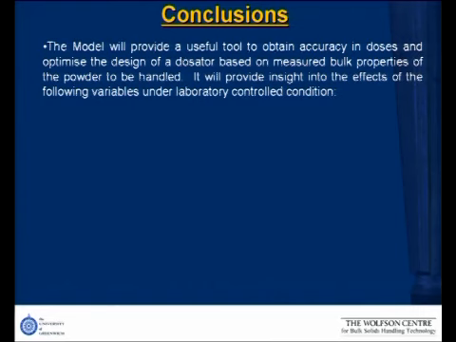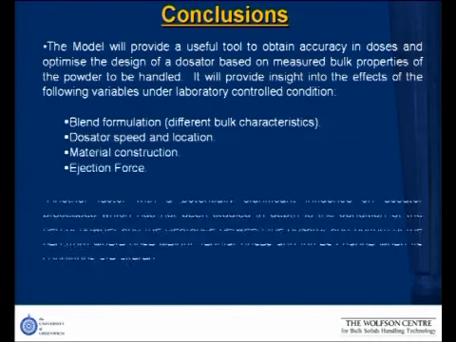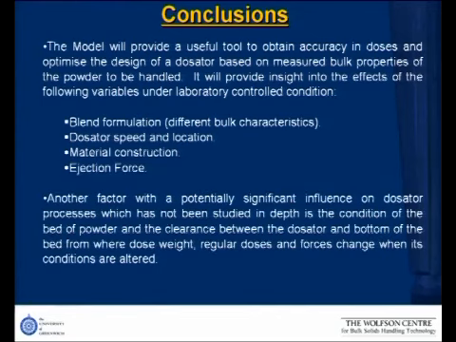Some conclusions: the model will provide a useful tool to get accuracy in the doses, but also to upgrade the design of the dosators, everything based on the bulk properties of the powder. We also improve insight into the effects of the following variables under laboratory control conditions: blend formulation, different bulk characteristics, dosator speed and location, material construction, ejection force.